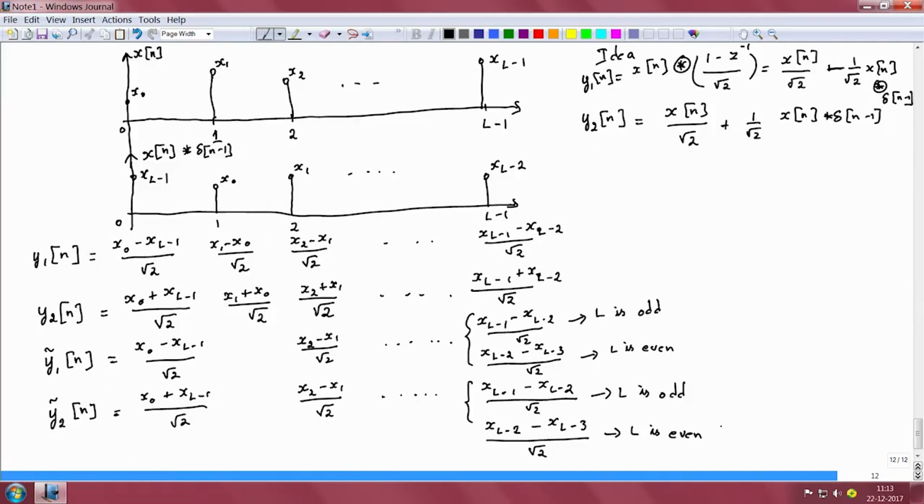So, now these are the outputs after the first stage of decomposition, and now we have to compute the energy of these two signals at the output. So, for that essentially what we are trying to prove here is, a small correction, these values are plus.